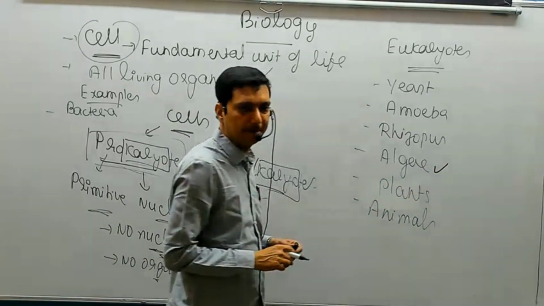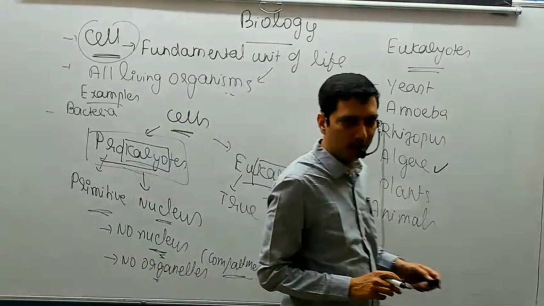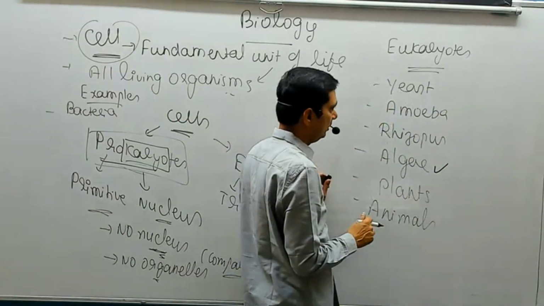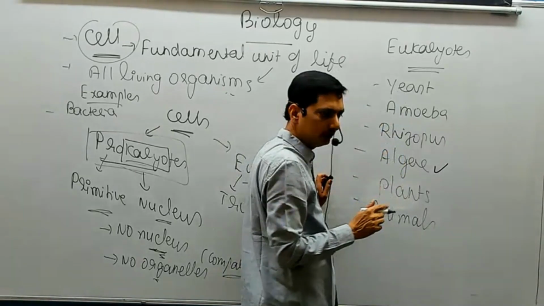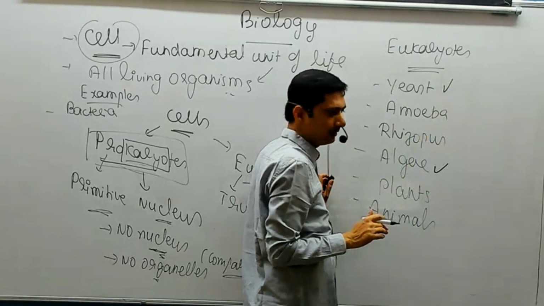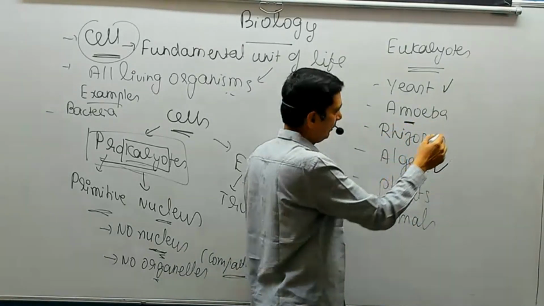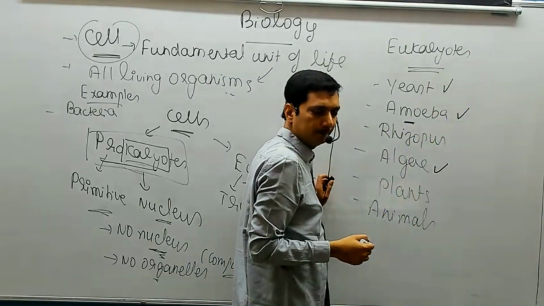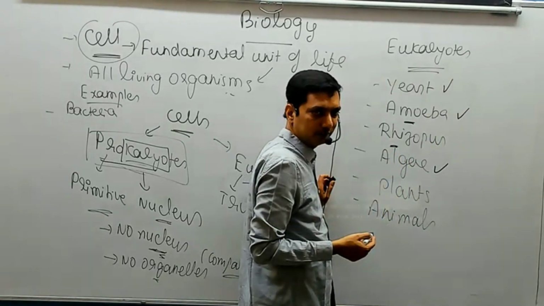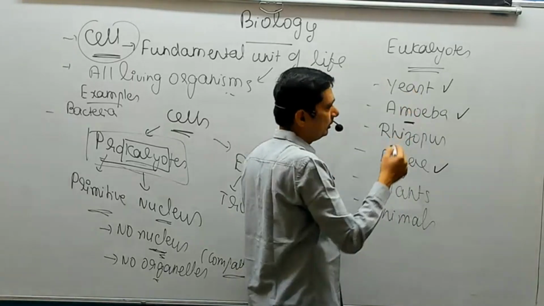What else? Amoeba. From this, pick from the list. Yeast is also eukaryote. Protozoa is not given in the options, so amoeba is a protozoan. Rhizopus is a fungus. Is fungi eukaryote or prokaryote?